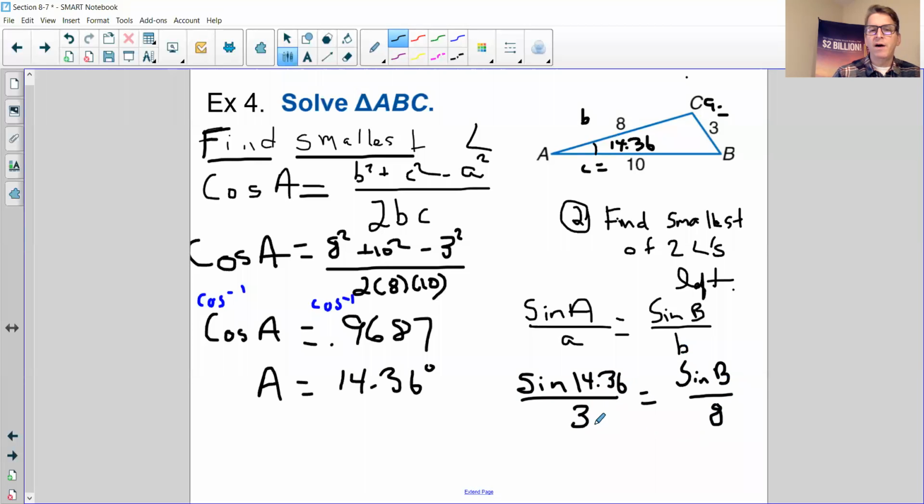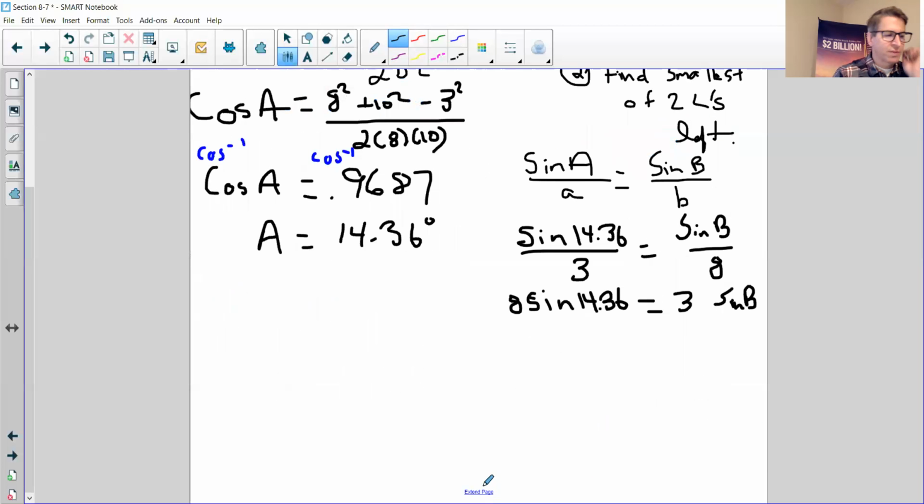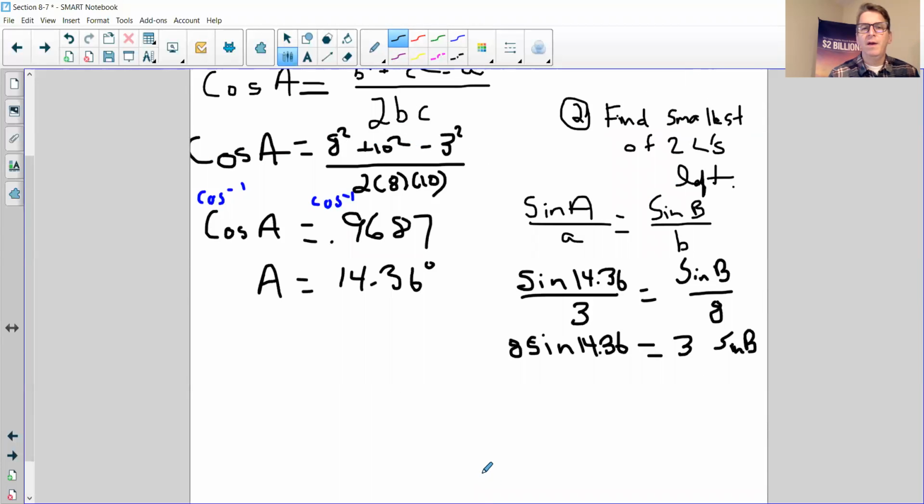To solve now for the sine of B, we're going to take 8 times the sine of 14.36, which is equal to 3 times the sine of B. Now we're going to divide by 3 on both sides.